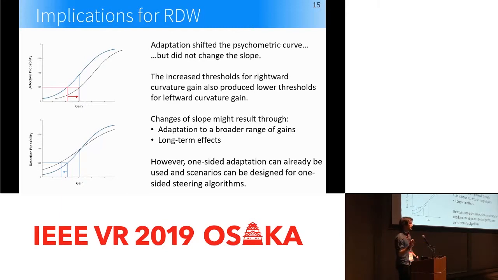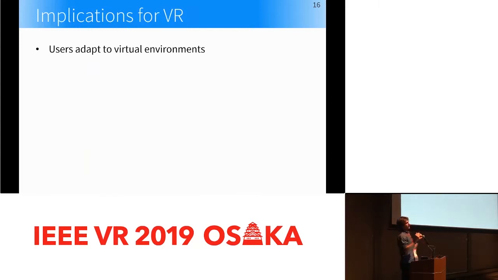However, we think one-sided adaptation can already be used, and scenarios can be designed for a one-sided steering algorithm. So this technique that we developed here can already be used. To go even further, we think all of this has some implications for VR as a whole, because we could show that users adapt to virtual environments.